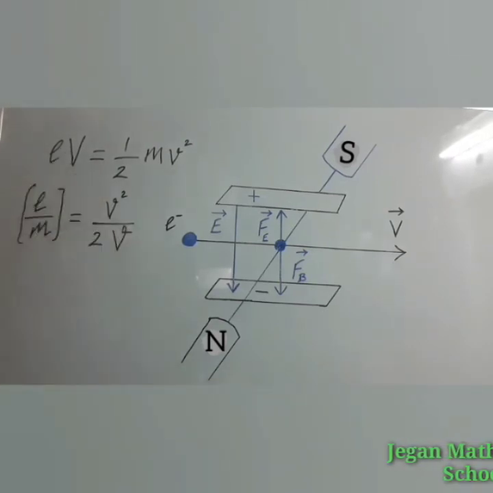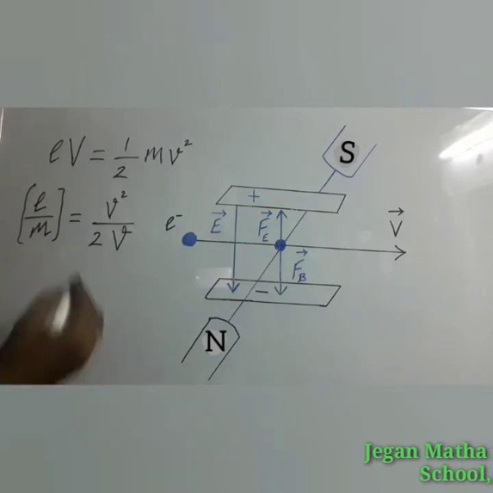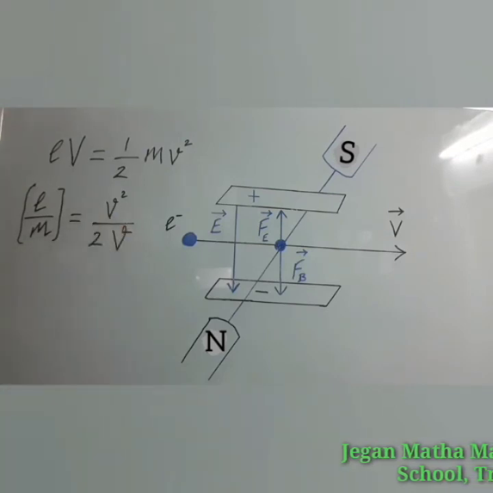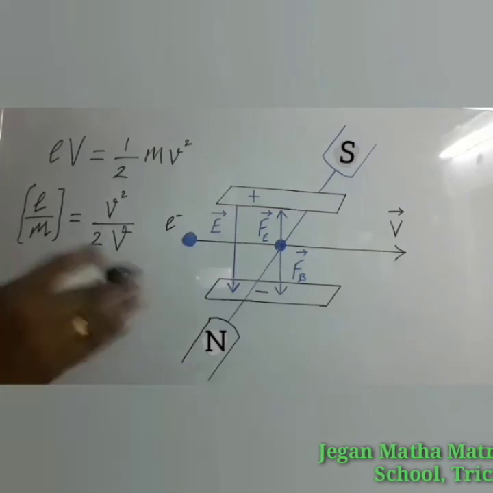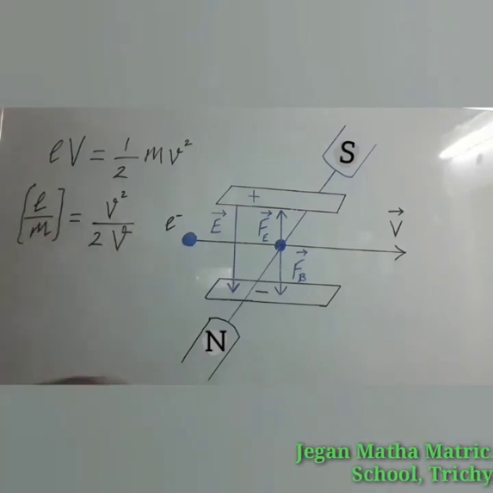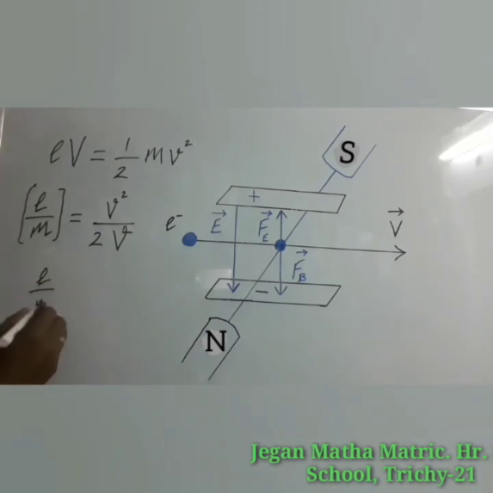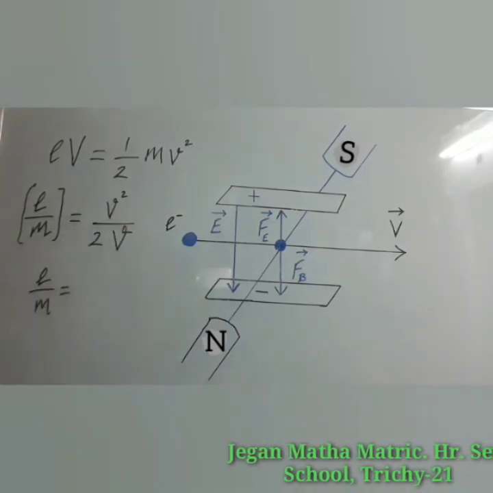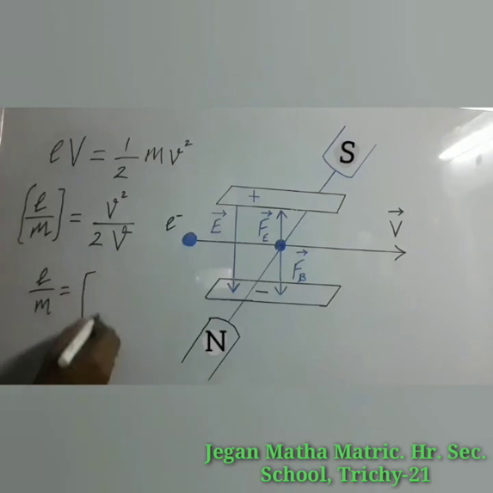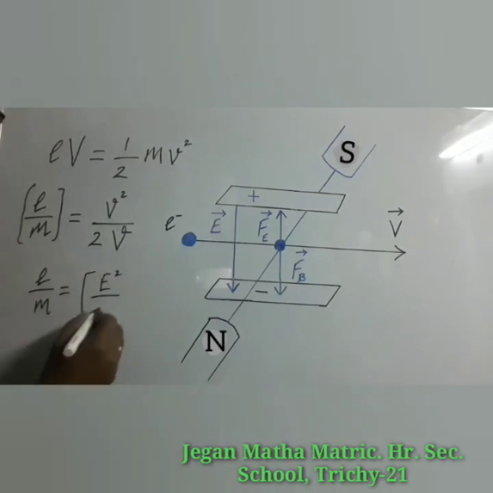In the first equation we wrote the expression for the velocity of the electron, that is v is equal to E by B. So that value can be substituted here. So specific charge e by m is equal to, instead of v square we can write E square by B square.